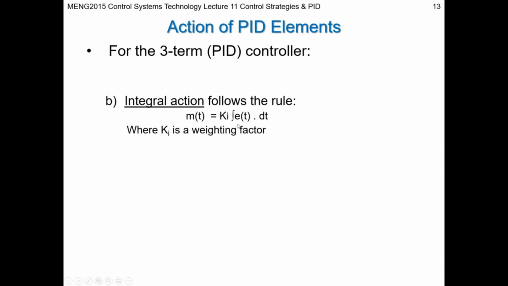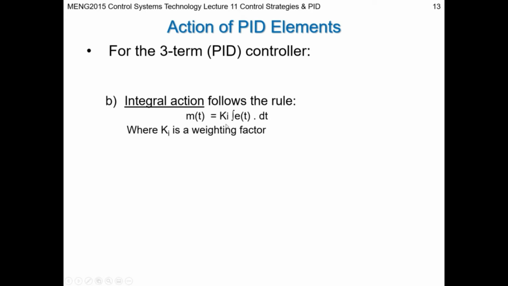So if our error remains constant and it's not coming down, then our integral action, our M(t) that comes from the integral part of our PID controller, if Ki is a constant or a weighting factor, it's fixed, then as time goes on, if the error is fixed, you're just going to be ramping up in a steady way the control action resulting from the integral.